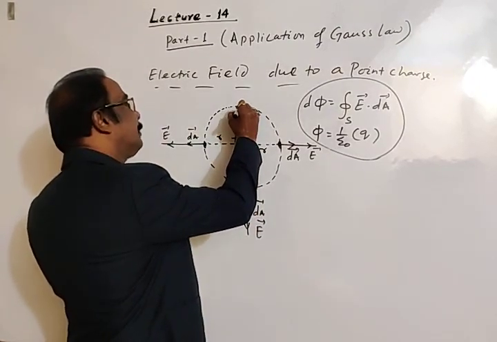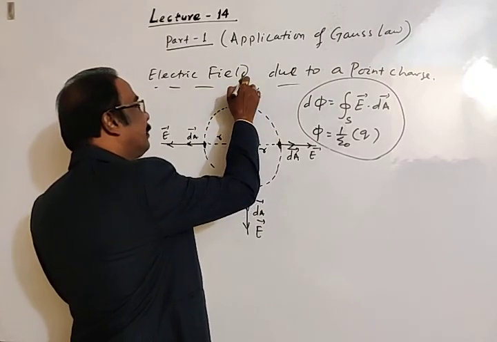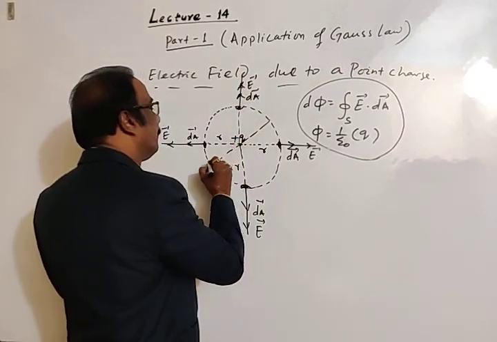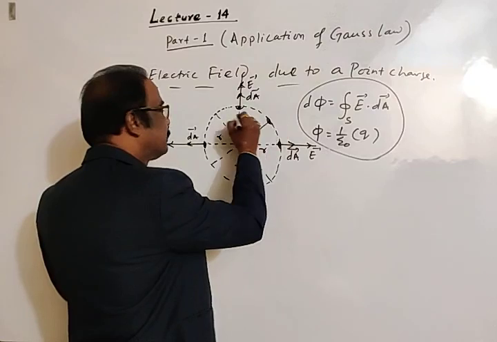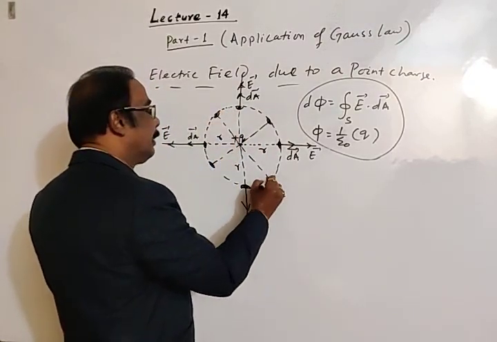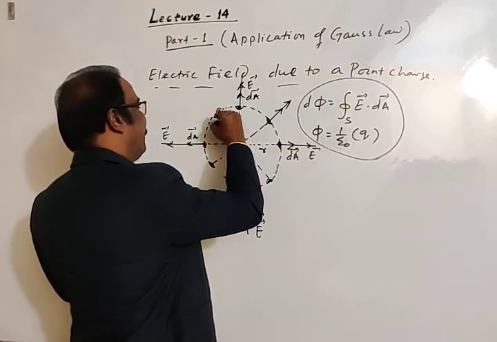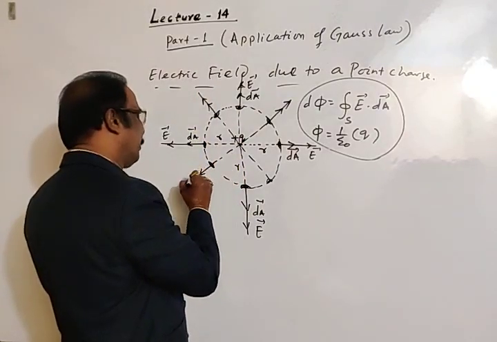This is also the direction of the elemental area vector and of electric field, and so on. You may assume a number of elemental areas on the Gaussian surface. Symmetrically we are representing electric field.